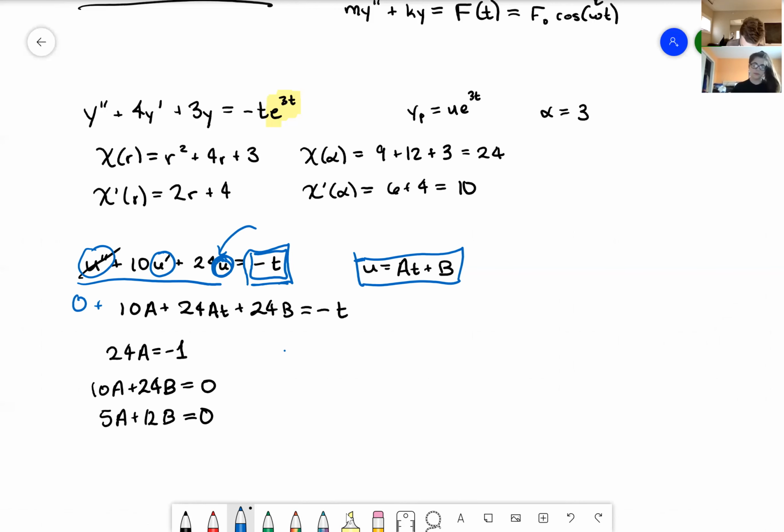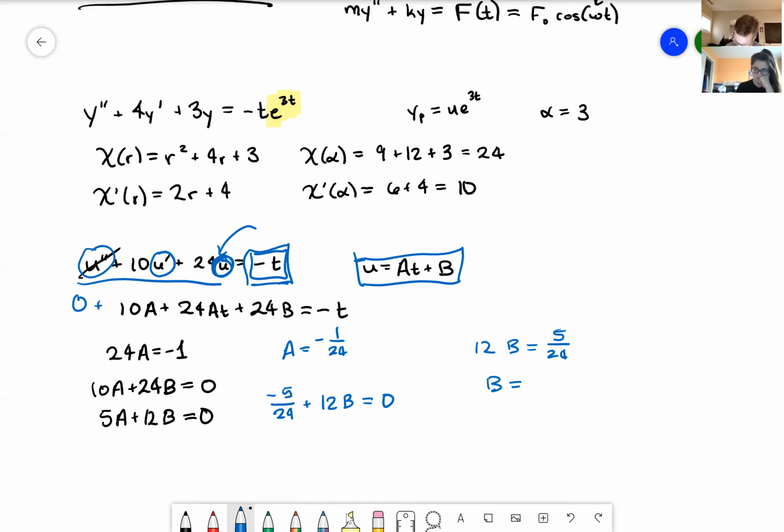Okay, so now we just get A is equal to negative 1/24th. And so that gives me negative 5/24 plus 12b is equal to 0. Now I solve this. Let's see, 12b is equal to 5/24ths, and so b is equal to 5/24 times 12.